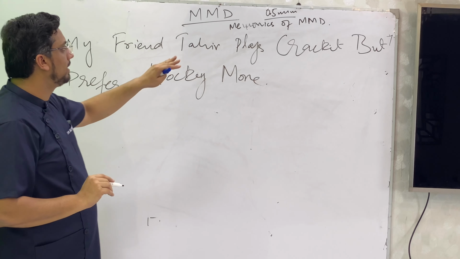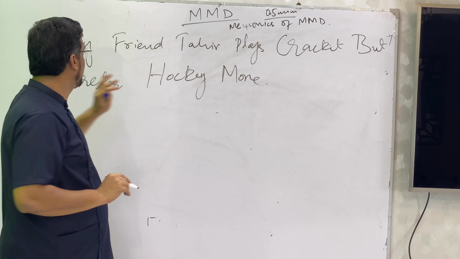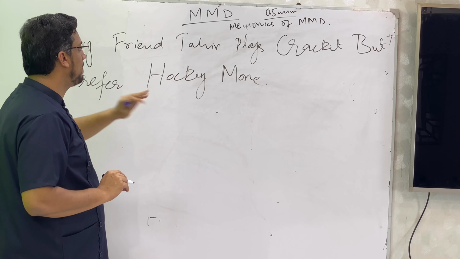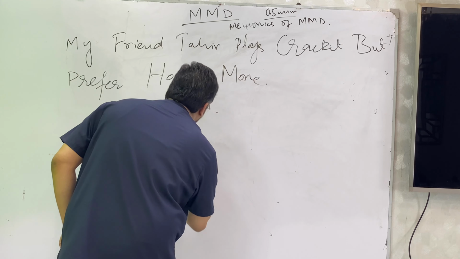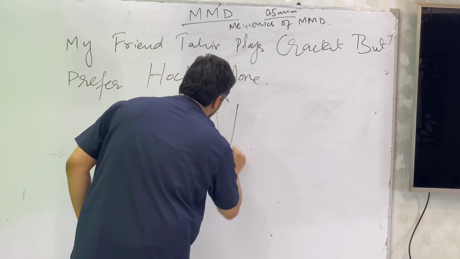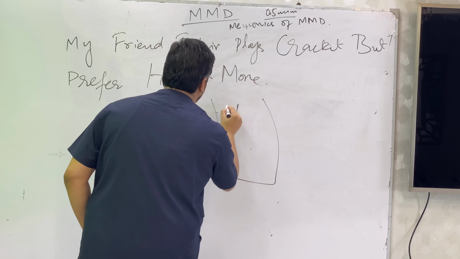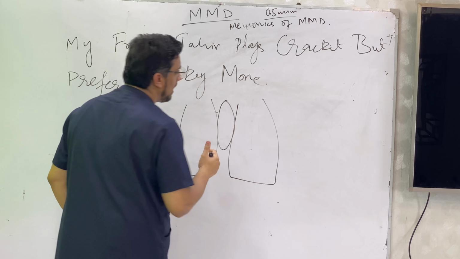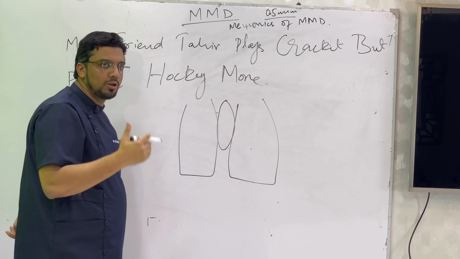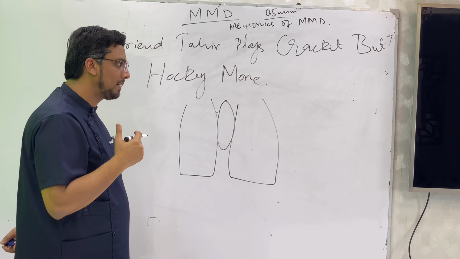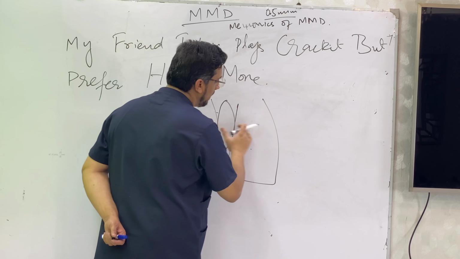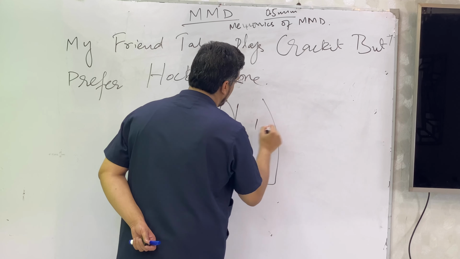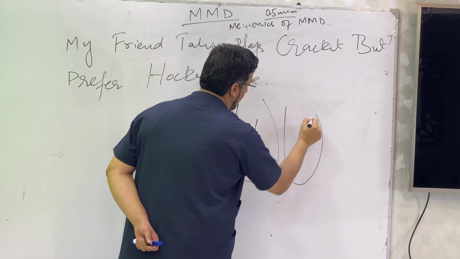My friend Tahir plays cricket but prefer hockey more. So this is your one central incisor, this is your other central incisor. We are memorizing the etiology of the maxillary midline diastema, starting from the midline, moving toward the central and then lateral.